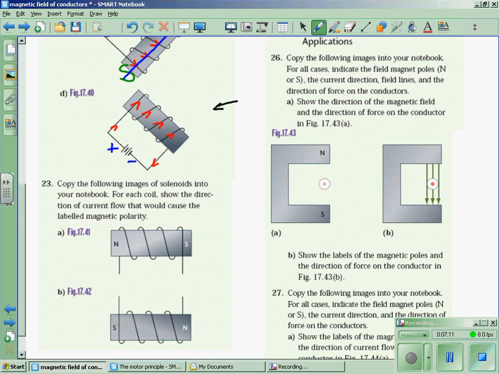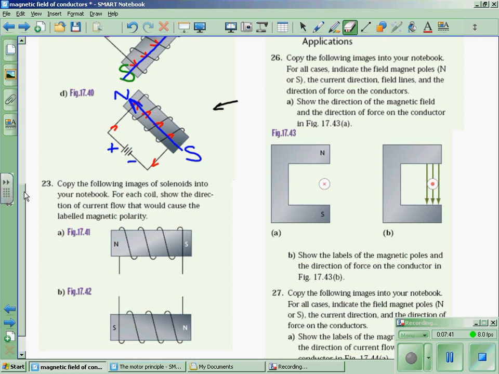So if you wrap your right hand around that coil, you'll notice that your thumb points to north, and the opposite end of your thumb, the butt of your hand, is south. And if you can imagine a magnetic field that exists within that coil, the magnetic field always goes in the direction in which your thumb is pointing as well. And that, in essence, is right-hand rule number 2.